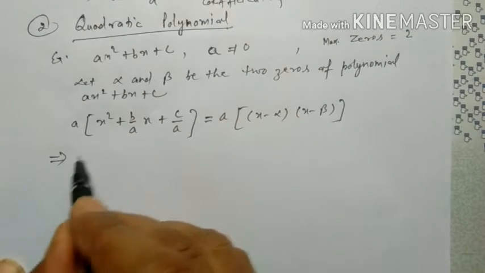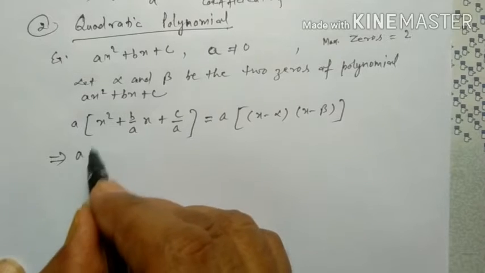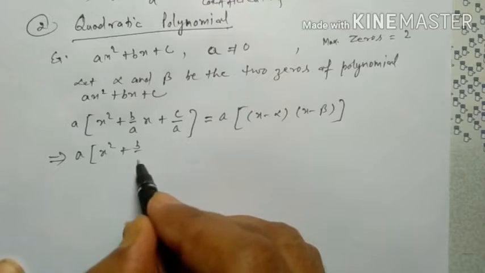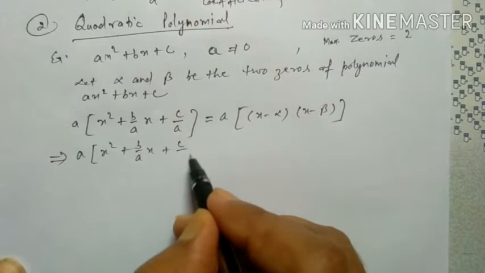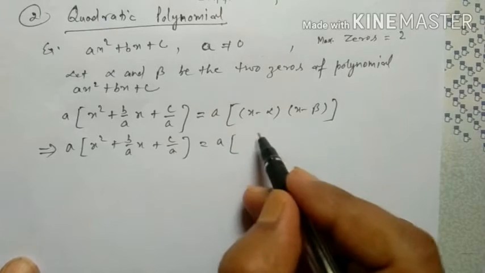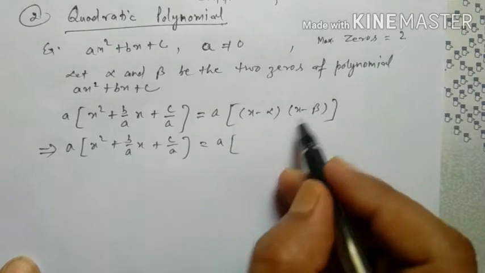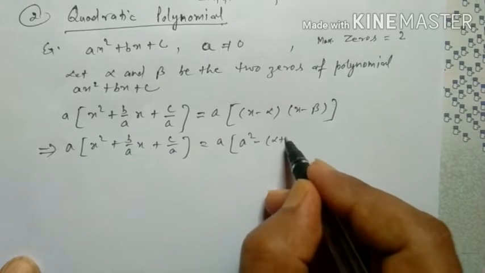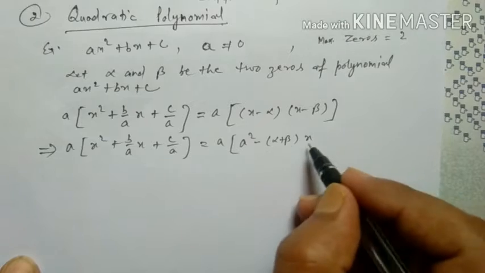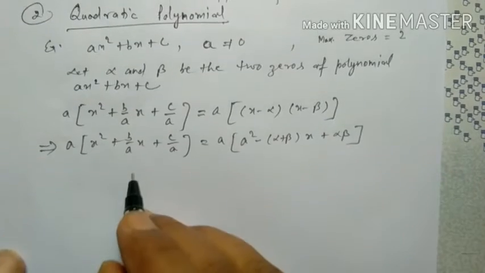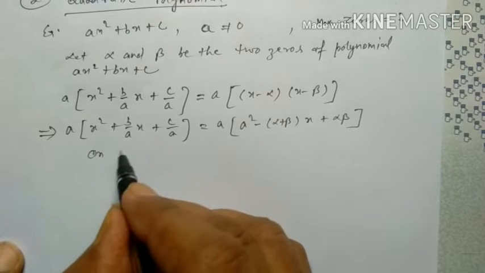Now simplify this: multiply these two and you get x square minus alpha plus beta x plus alpha beta.